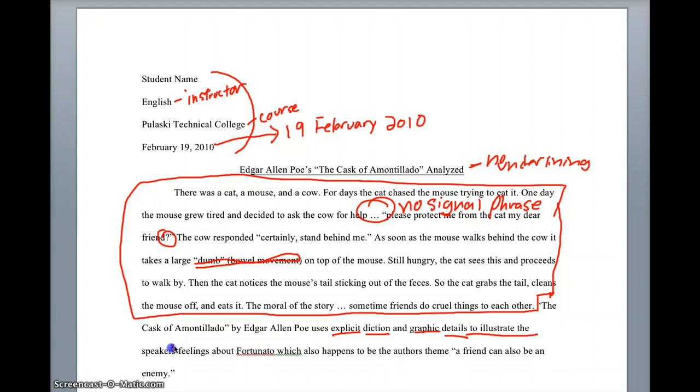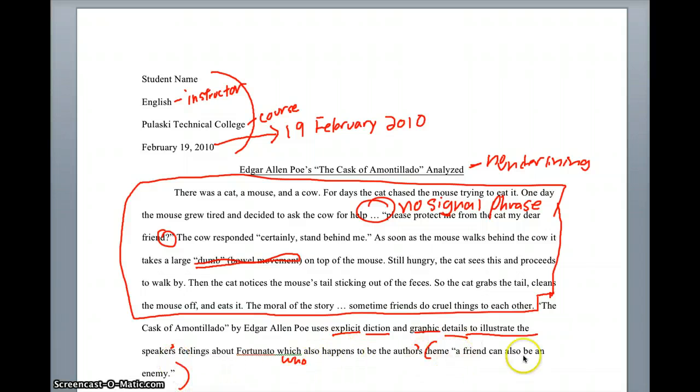I don't know why there's not an apostrophe right there. Fortunato, who, because it's a person, also happens to be the author's theme. Okay, don't know what this means right here.